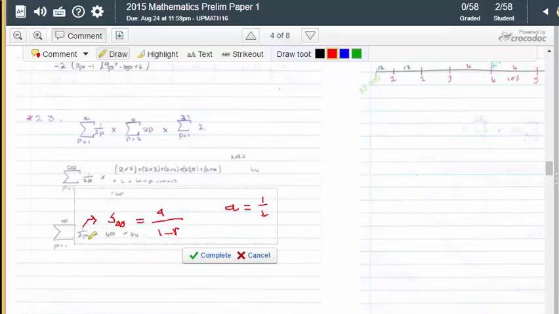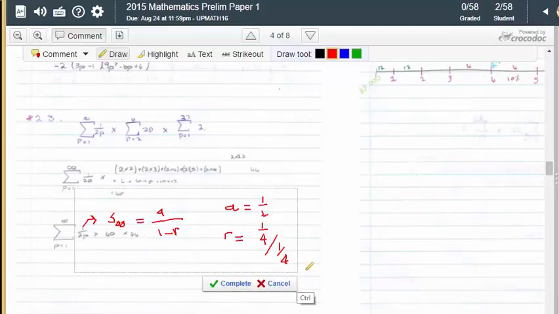My constant ratio r is my second term divided by my first term. So p is now 2, because p starts at 1 and I must go to 2. It's 1 over 4. So my second term is a quarter divided by my first term, which was a half.